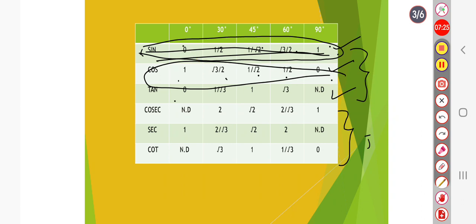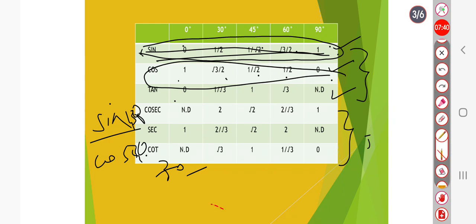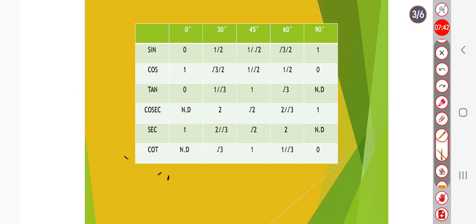Then tan value is nothing but sine by cos. Whatever the value of sine 0 by cos 0 is tan 0. Sine 30 by cos 30 is nothing but tan 30. Sin 45 by cos 45 is nothing but tan 45. So we just need to divide the values that we got in sine and cos in order to find the value of tan, right? Then next we proceed. This half has been easily completed.